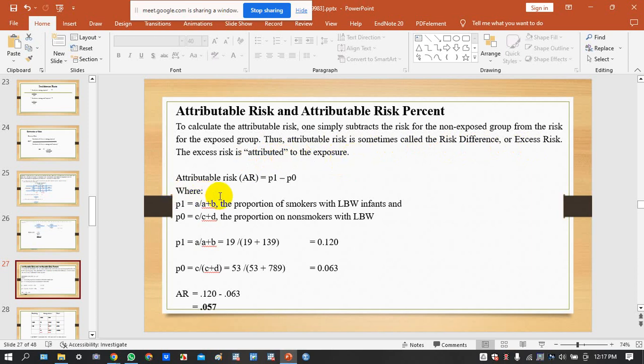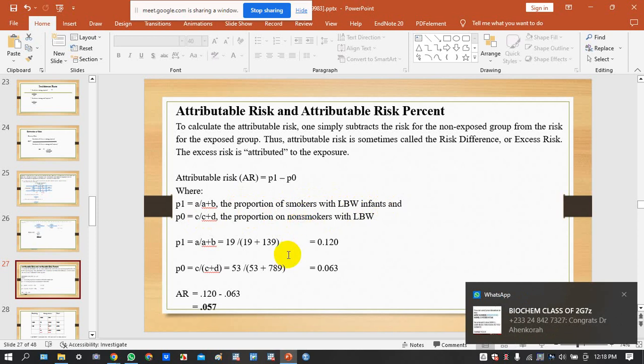So we have the attributable risk, P1 minus P0. The incidence in the exposed is the proportion of smokers with low birth weight infants, and the proportion of non-smokers, or those without the exposure status.